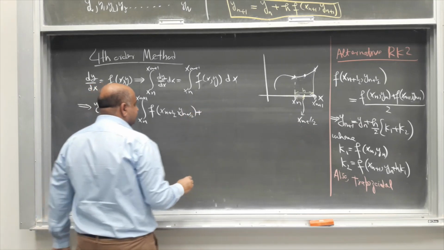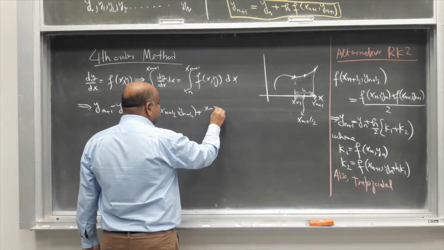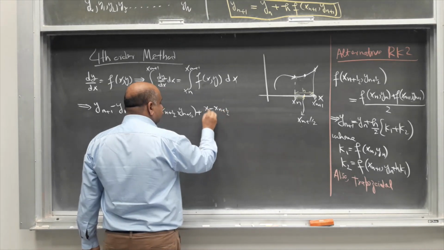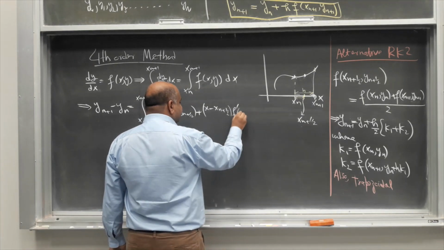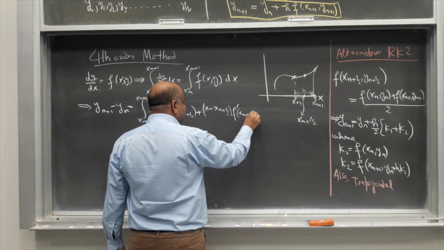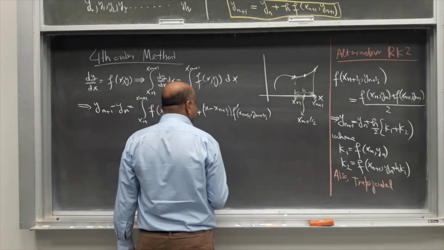The next term is x minus xn plus half, first derivative evaluated at xn plus half, yn plus half.